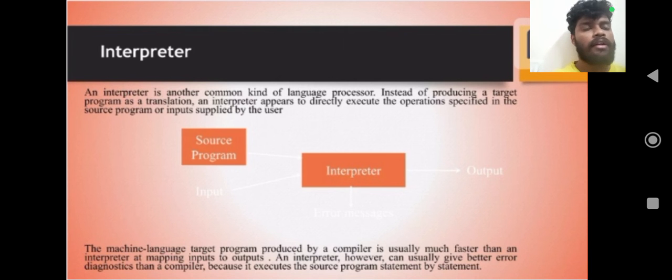In simple words, an interpreter is also a kind of translator which converts the source code into machine code. The only disadvantage is that the time it takes to produce the machine code is a little more when compared to a compiler.